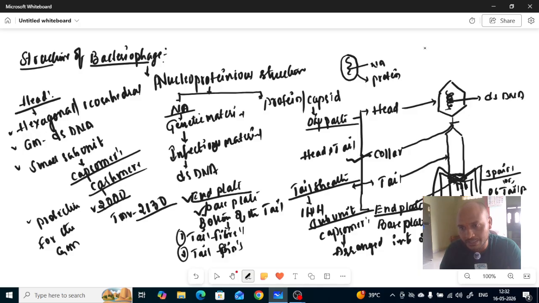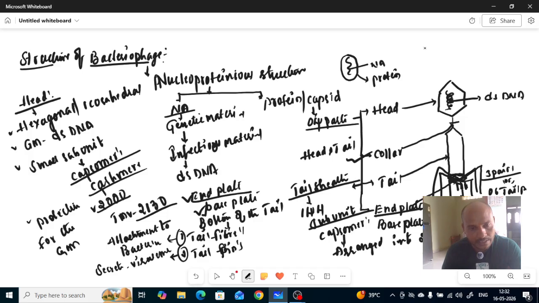The role of the tail fibers is that they help in attachment to the bacterial host cell. The tail pins secrete a viral enzyme.